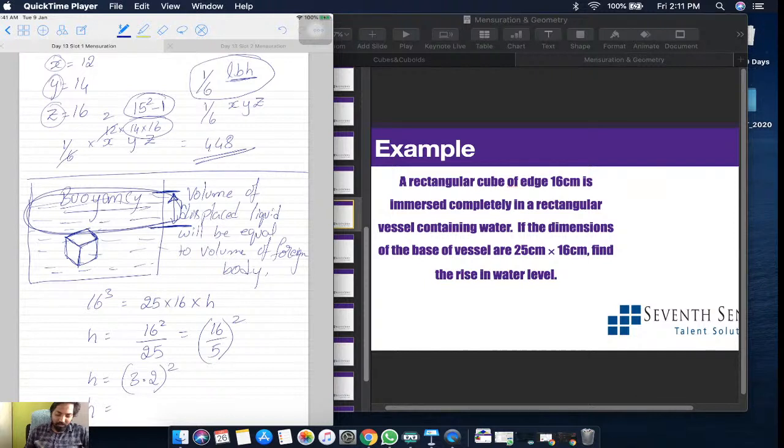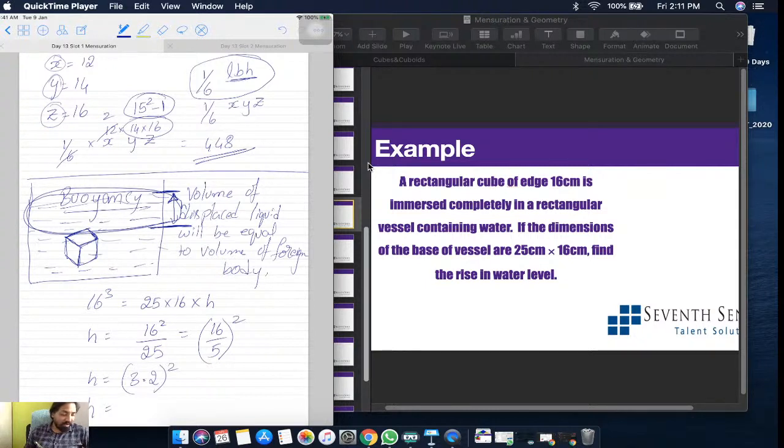Can anybody tell me what is 32 square? Computer science engineers, electronics engineers, what's 32 square? 32 square is 1024.